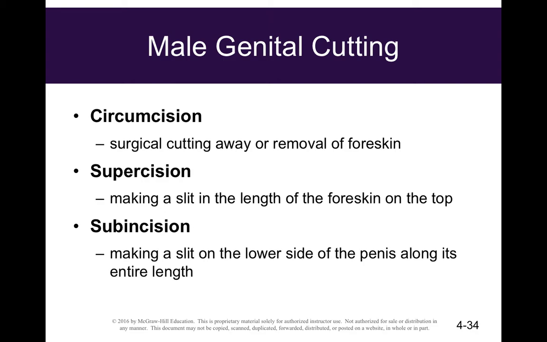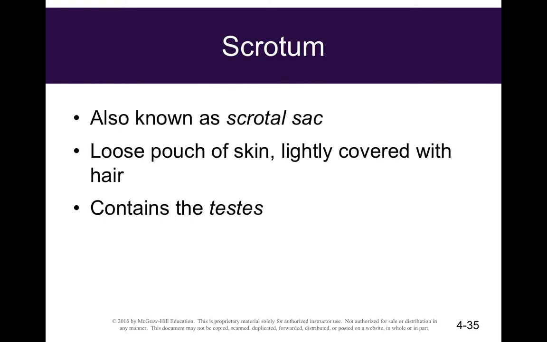This is common in areas like Mangaia that we talked about, islands in the Pacific. Subincision is when they make a slit on the lower side of the penis along its entire length. This is common in some Aboriginal Australian cultures.